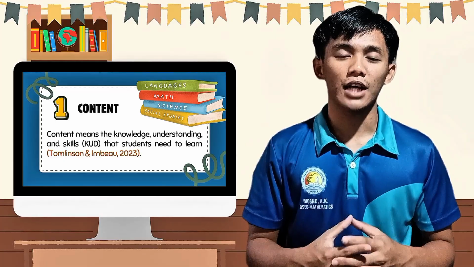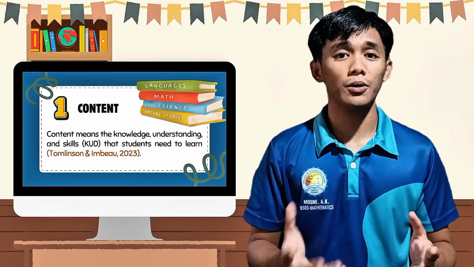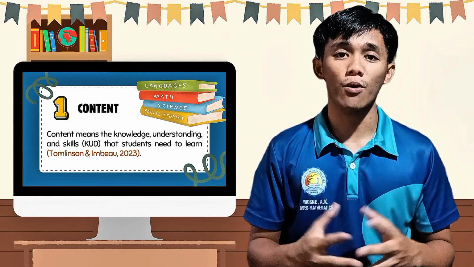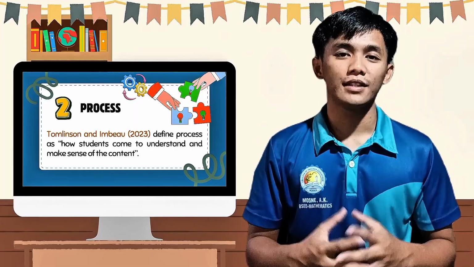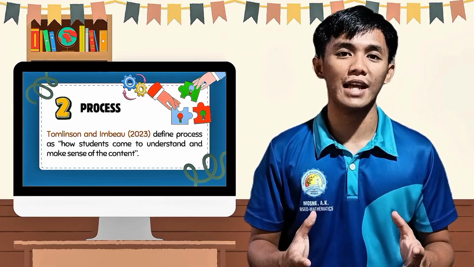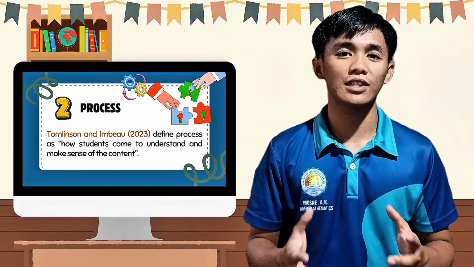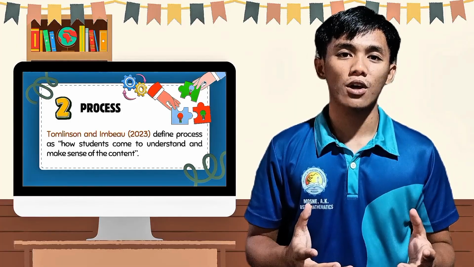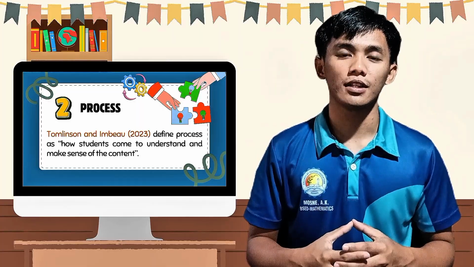For example, a teacher can present information through reading, audio, group demonstrations, or visuals. Second is process. This is how students come to understand and make sense of the content. Activities like discussions, experiments, or guided practice help learners own the knowledge.